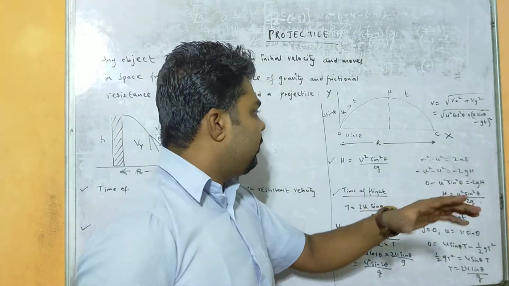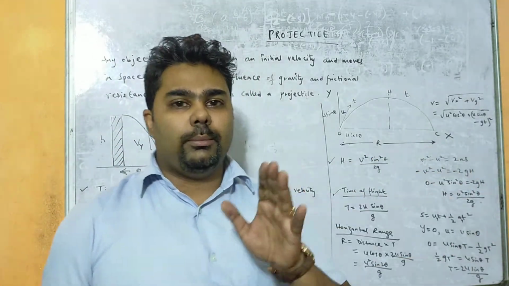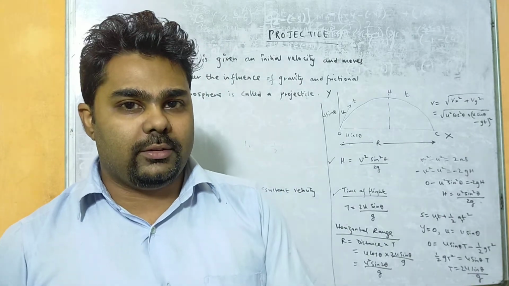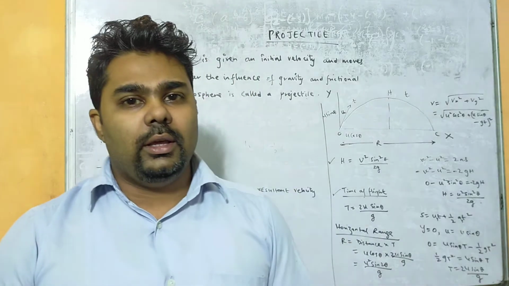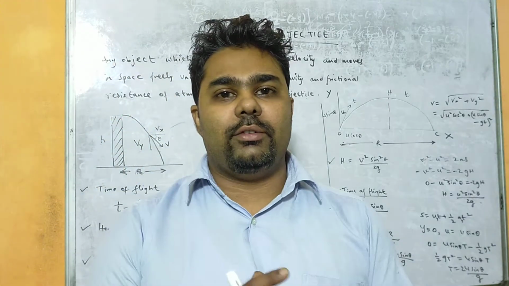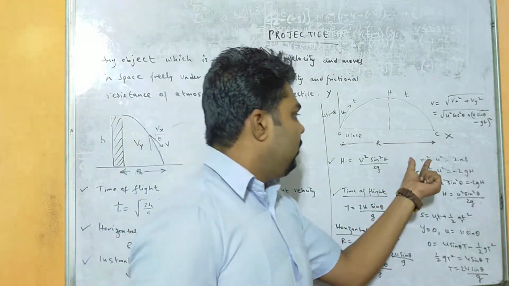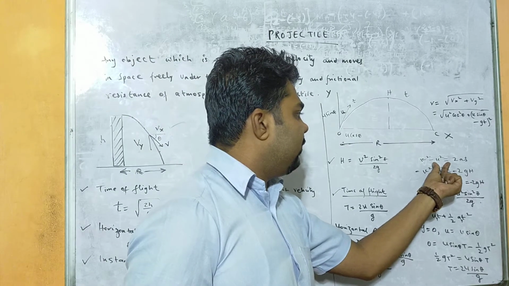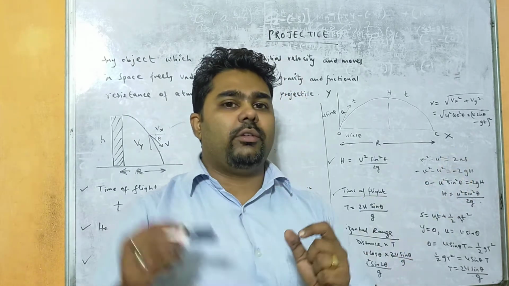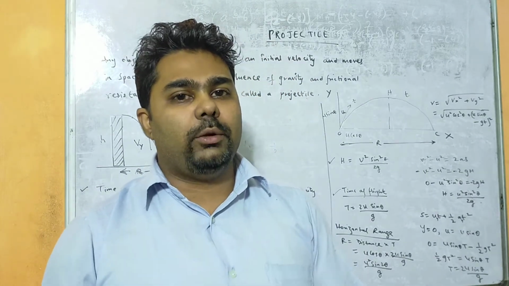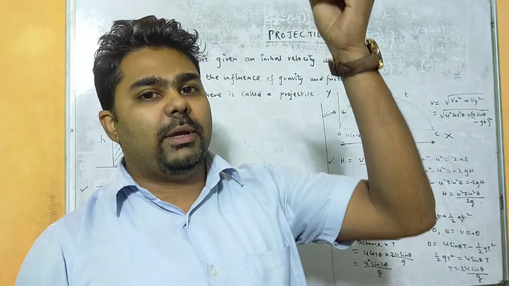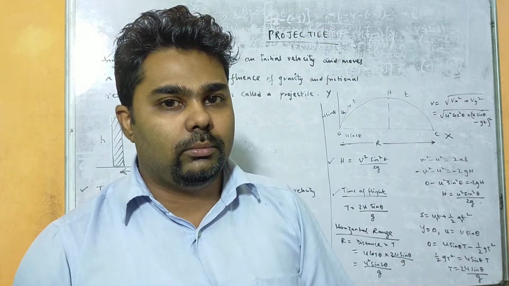Okay, so first of all we know the equation v square minus u square equals to 2as, where v is the final velocity, u is the initial velocity, a is the acceleration, and s is the distance traveled. Here you see v square minus u square equals to 2as. When an object reaches the maximum height, its velocity becomes 0, right?